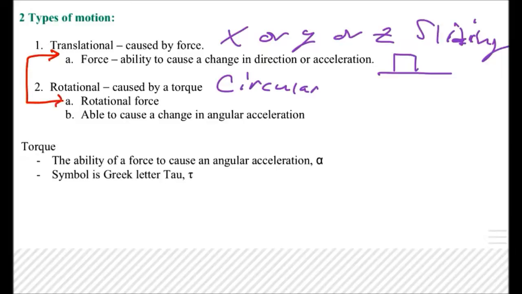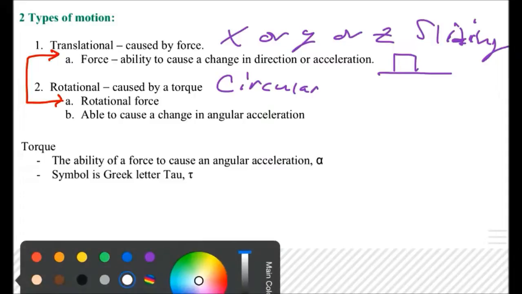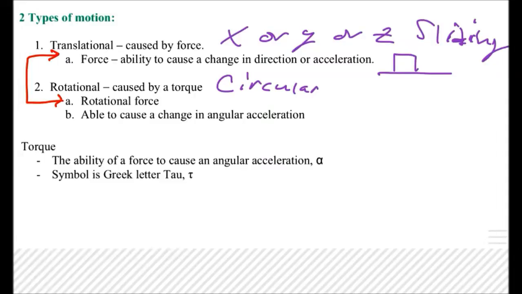All right, so let's look at the definition for torque then. It is the ability of a force to cause an angular acceleration alpha. And the symbol for torque is the Greek letter tau, which kind of looks like a capital T, but it's curved there with a little curvy top. It's weird.